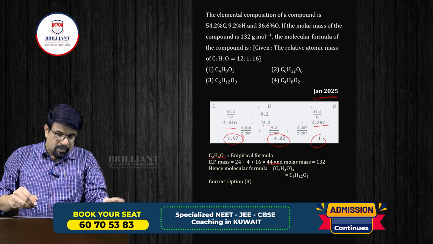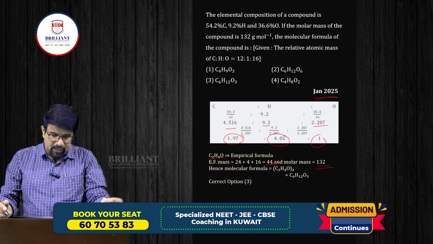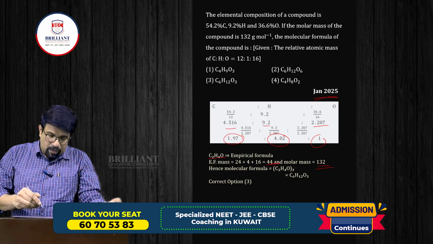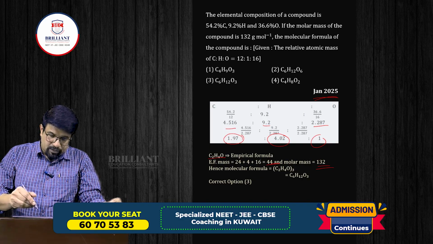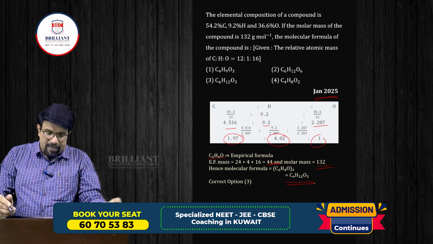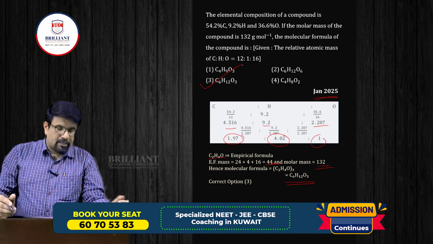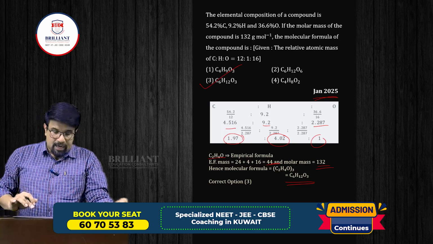Molecular mass 132 is already given in the question, right? Hence the molecular formula is C2H4O into 3, because 44 into 3 is 132. So what will be the final answer? C6H12O3. So which is the correct answer? The third option is the correct answer.